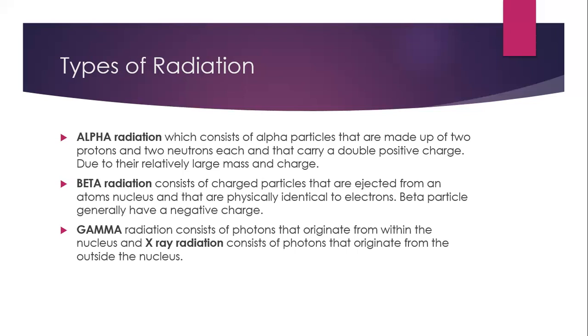Beta radiation consists of charged particles that are ejected from an atom's nucleus and that are physically identical to electrons. Beta particles generally have a negative charge. Gamma radiation consists of photons that originate from within the nucleus, and X-ray radiation consists of photons that originate from outside the nucleus. X-ray radiations are artificially produced and gamma radiations are natural.